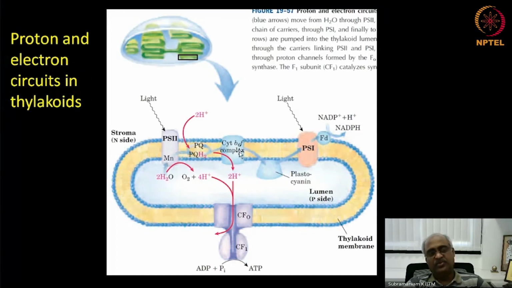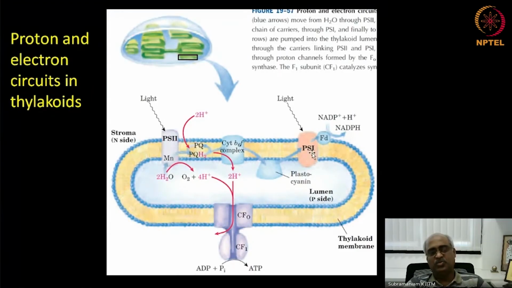Then the electrons flow into B6F, and from that to plastocyanin, which is exactly like cytochrome C in mitochondria. This is again on the surface, inside. There it is on the intermembrane side; here it is on the luminal side of the thylakoid.